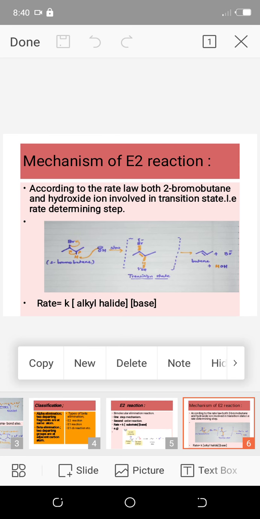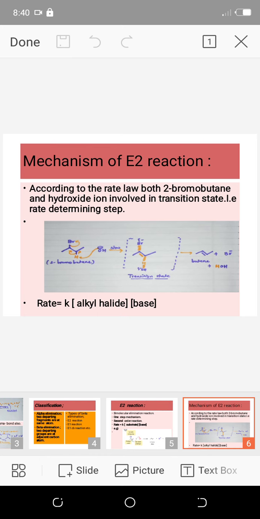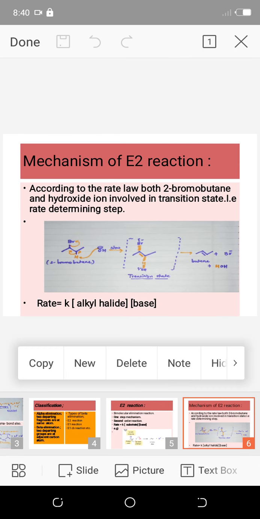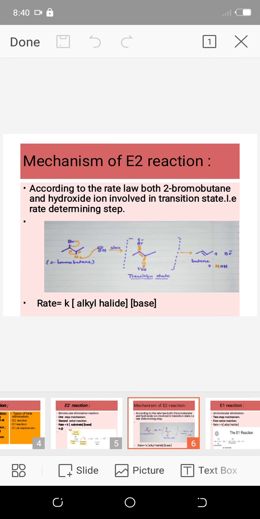Therefore OH acquires partial negative charge, and there is a formation of a pi bond between these two carbon atoms, and this bromine acquires negative charge because it is leaving from this substrate. Therefore we get butene plus Br negative plus HOH.